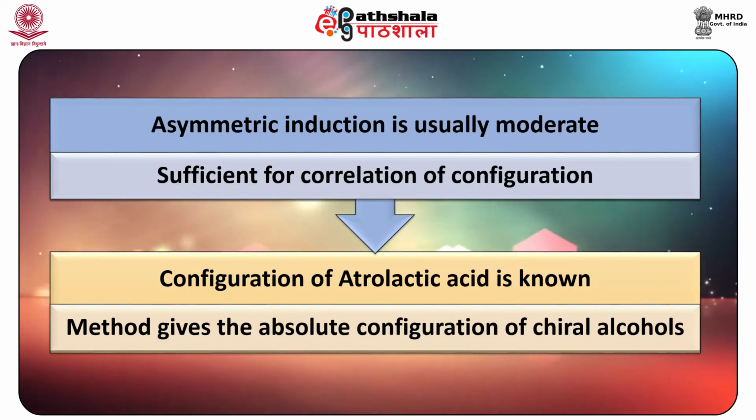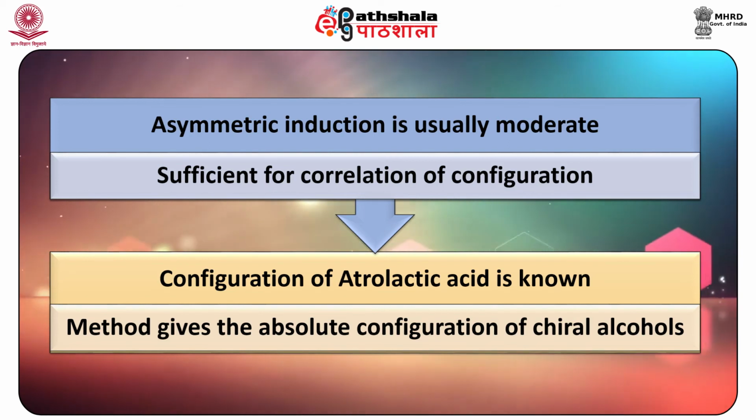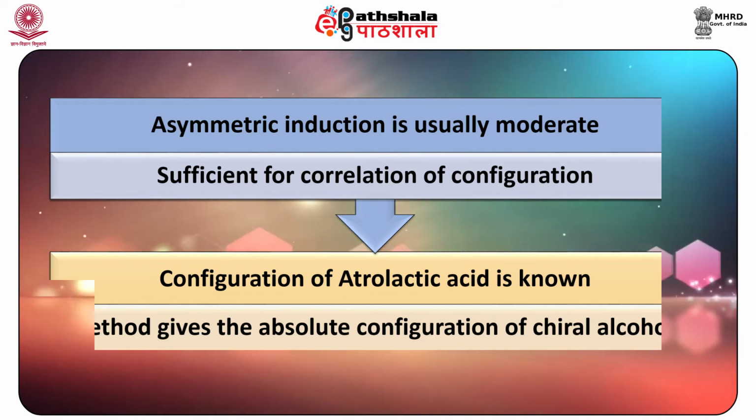The asymmetric induction is usually moderate, 10 to 30%, but is sufficient for the correlation of the configuration. Since the configuration of atrolactic acid is known, the method gives the absolute configuration of the chiral alcohols.